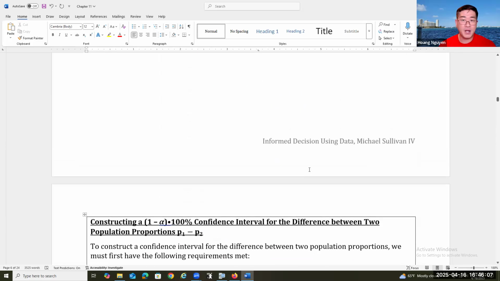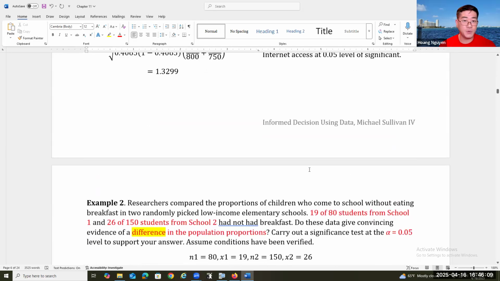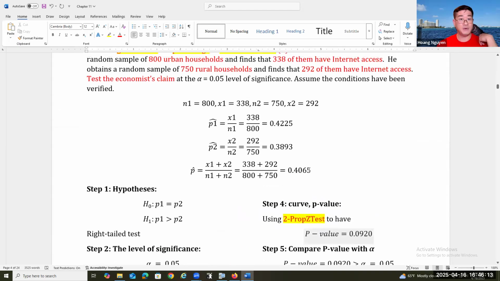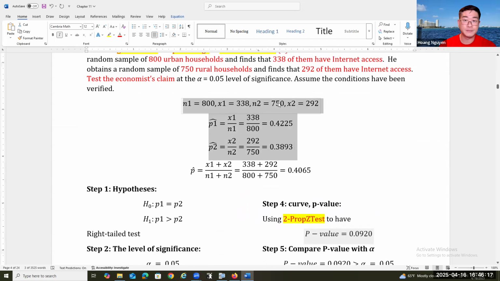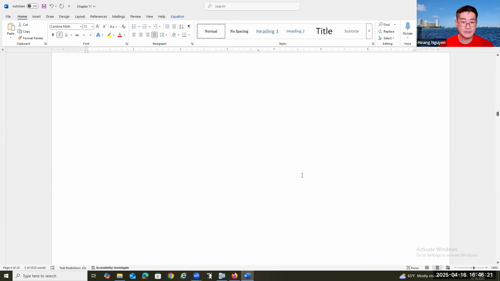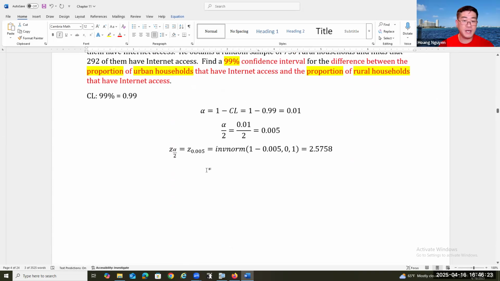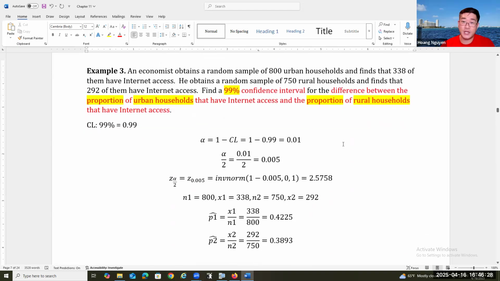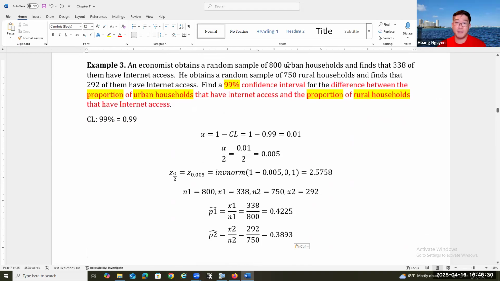I'm going to go back to the previous example that we have earlier to get some of this calculation. Okay, so from the previous calculation, we know that N1 is equal 800 because we selected 800 urban households, and among that, we find out 338 of them have internet access.